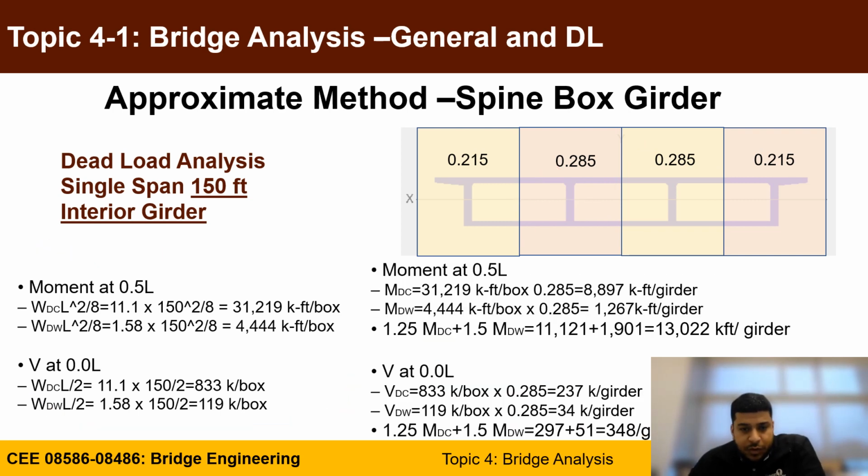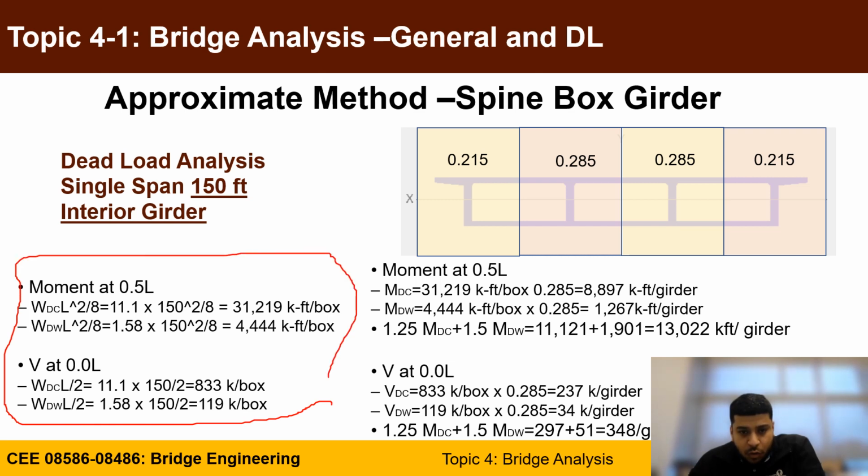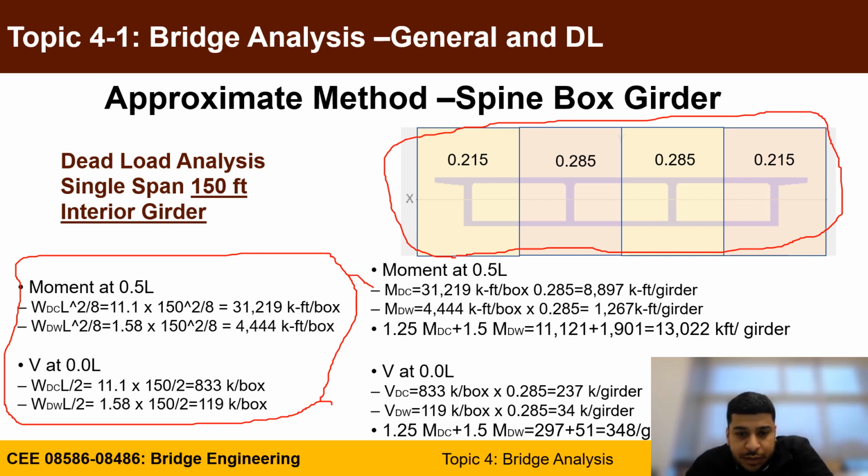And all you need to know now, with those factors and the moment and shear per box, is to multiply the moment per box times the girder factors, and you get your DC and DW per girder.